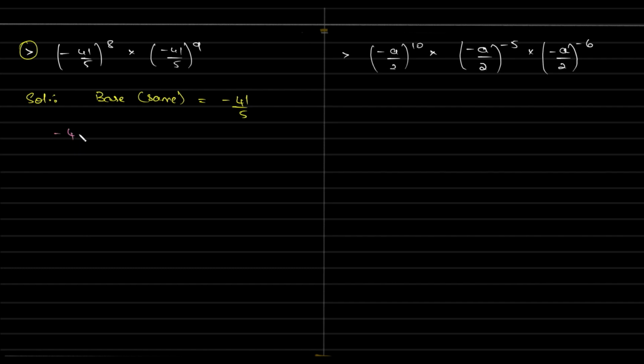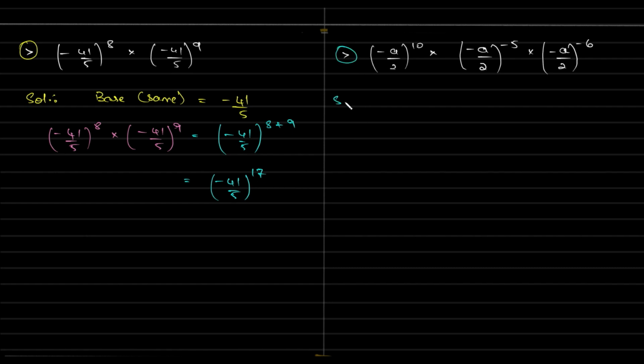So we have -41 by 5 whole to the power of 8 into -41 by 5 whole to the power of 9. So this is nothing but -41 by 5 whole to the power of 8 plus 9, that's all. This is -41 by 5 to the power of 17. That's it. Very simple.